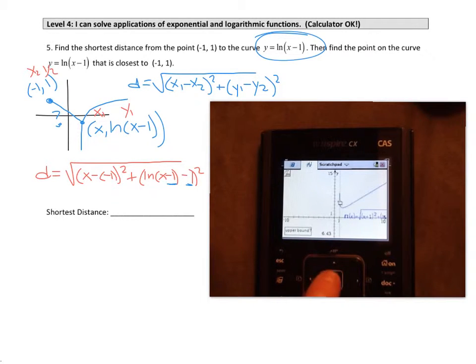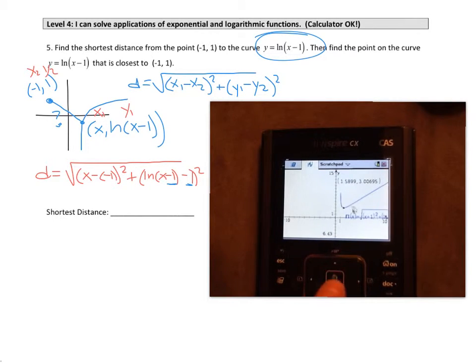And then for upper bound, I move to the right of the minimum point. And I'm going to hover over that point and hold down my middle button to pinch it and move it so I can read it. And you can move your function out of the way too if you want.